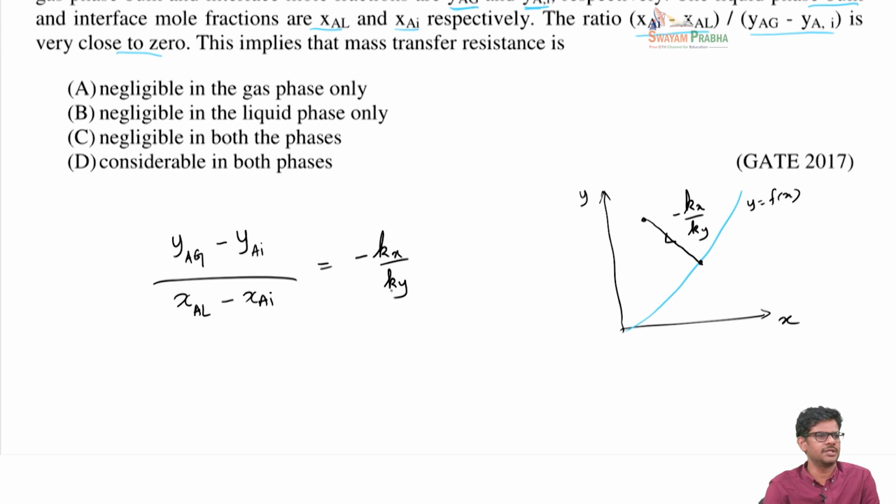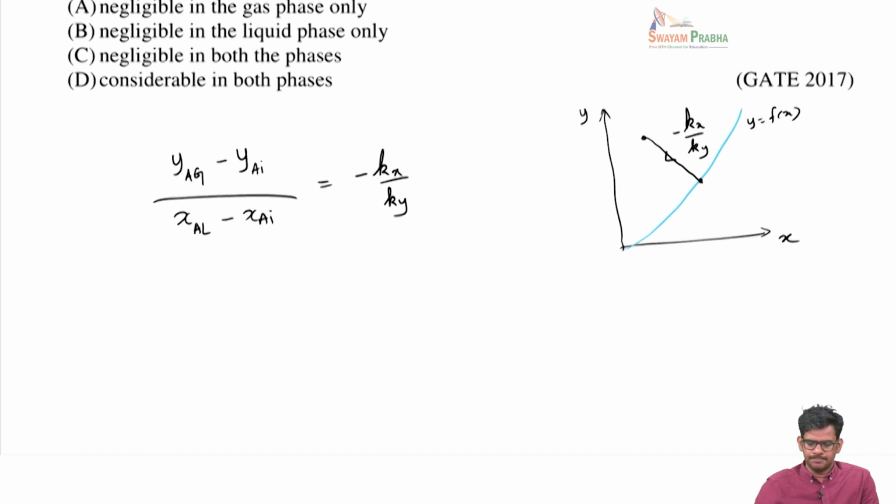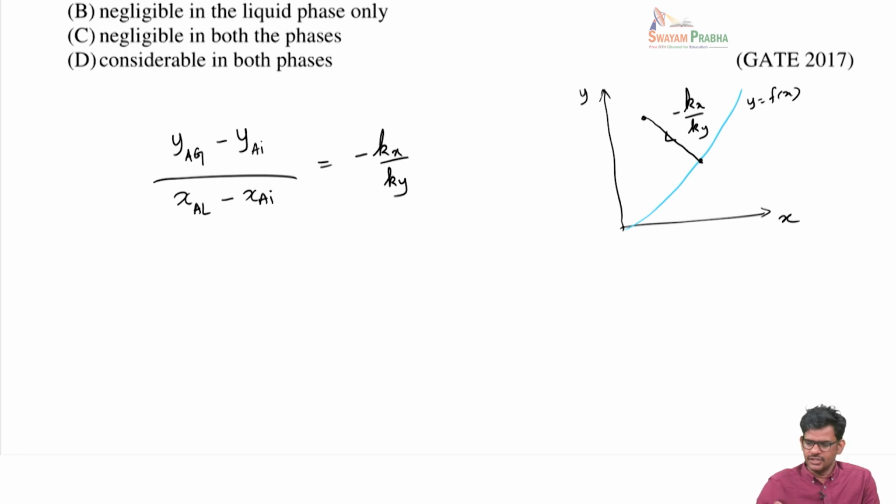So this is the equation for the driving force line. This YAG is here, XAL is here, these are the bulk mole fractions, and these are the interfacial concentrations, YAI and XAI.